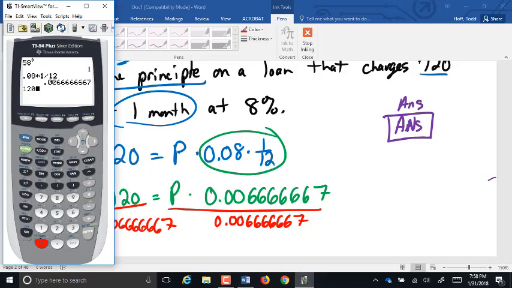Now notice I did not hit clear. That's important that I don't do that. I type in 120 divided by, and instead of typing in that 0.0066666667, I'm going to do second. And notice my ANS key is down here. It's the second function above my negative key. It says ANS.